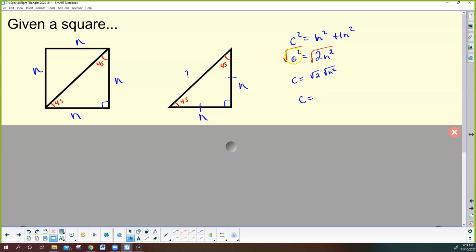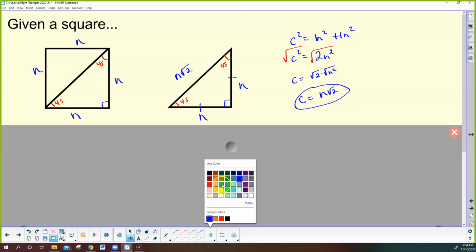Well, if c squared and the square root reduce out and I'm left with c, the square root and the squared are going to reduce out and I'm left with n. And then it's going to times by the square root of 2. I'm just going to put the square root of 2 at the back part. So now, here is my expression for the length of the hypotenuse.